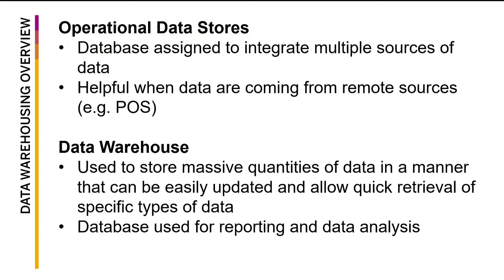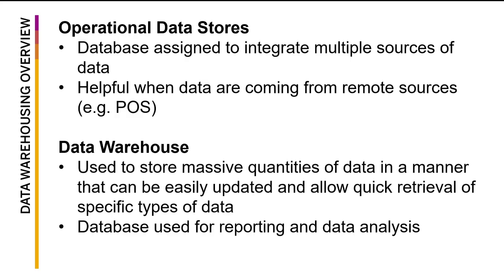To emphasize, ODS are just any databases, but it is assigned to integrate multiple sources of data. And it is helpful when the data are coming from remote sources similar to our scenario.